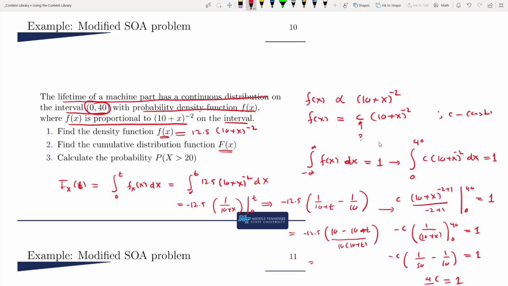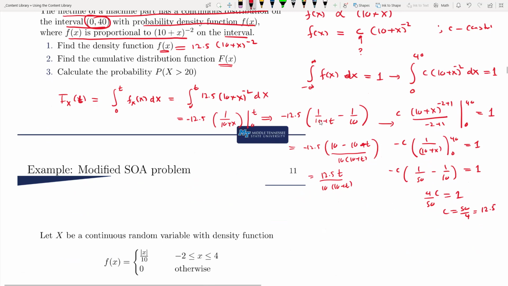So that would be 12.5 t divided by 10 times n plus t. So now we can write it in a more correct way. This would be, let's say, F(t).